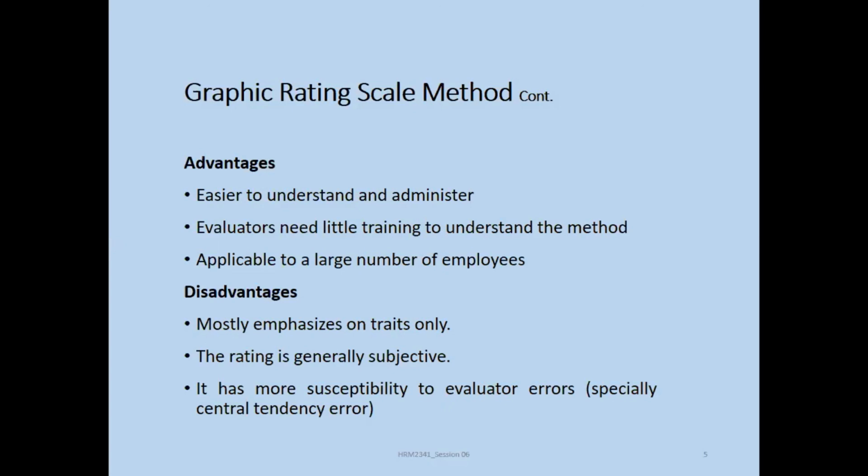That is, the evaluator tends not to give the higher rate or the lower rate. In our example, there are 5 rating scales. When we ask about the accuracy of the employee, our evaluator answers average, not outstanding or good, not poor or very poor.